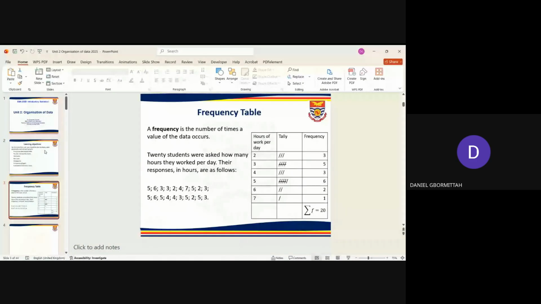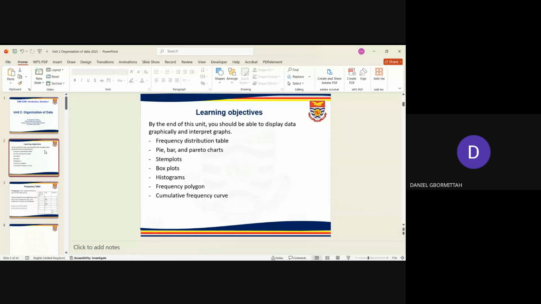Please note that what we are discussing may appear to be very basic, but we are still exploring the basic concepts in both statistics and probability.